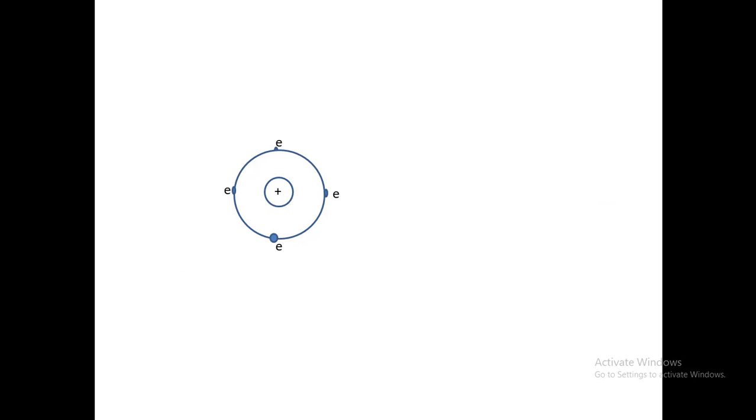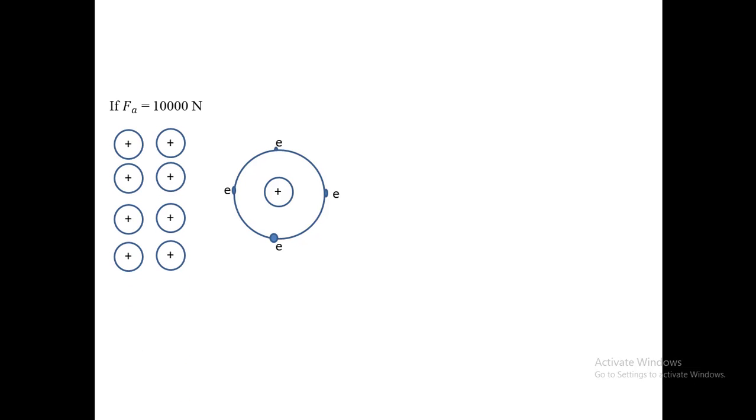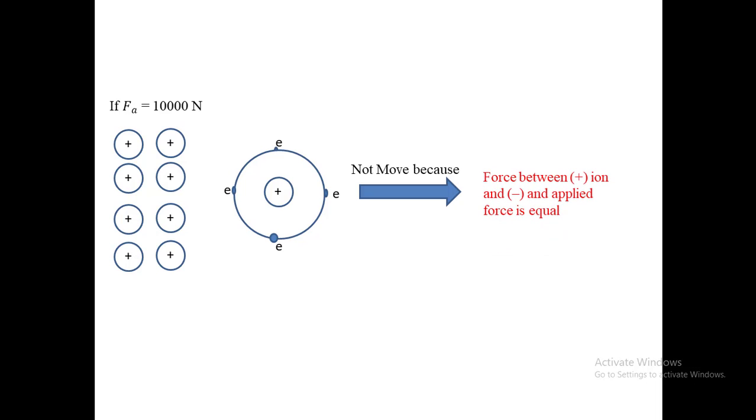Now we increase this 5000 newtons to 10,000 newtons. Then what happened? Now the force between the positive ion and negative ion is 10,000 newtons and the force applied on the free electron is also 10,000 newtons. In this case also the electron does not move because both forces are equal.